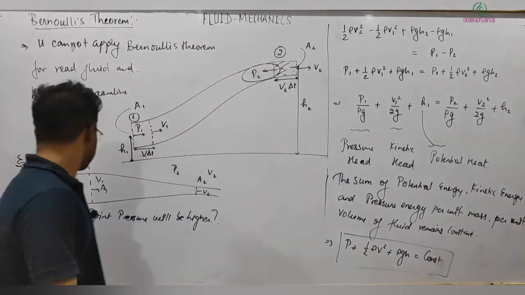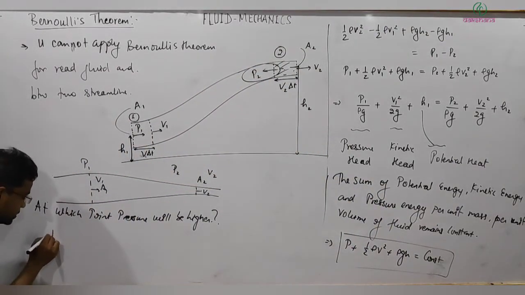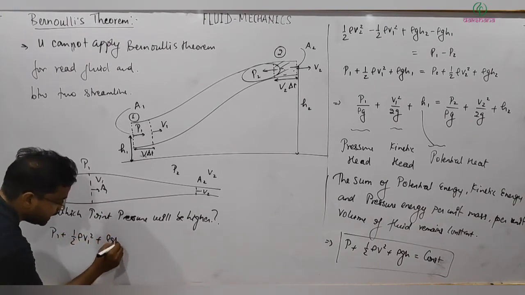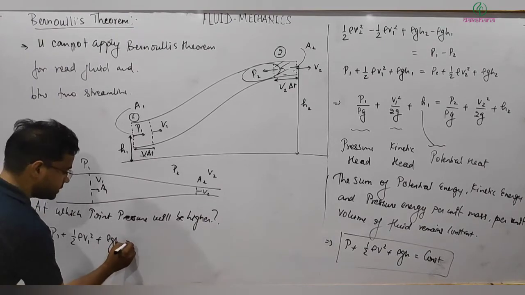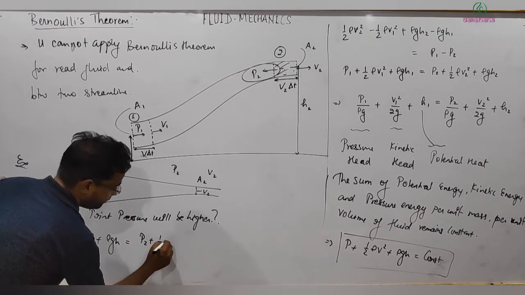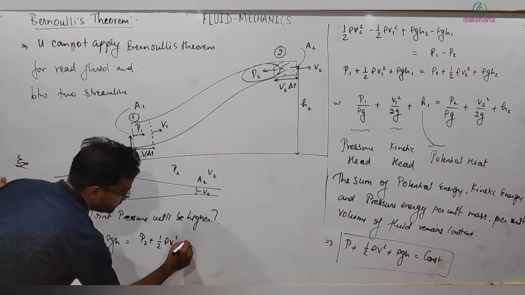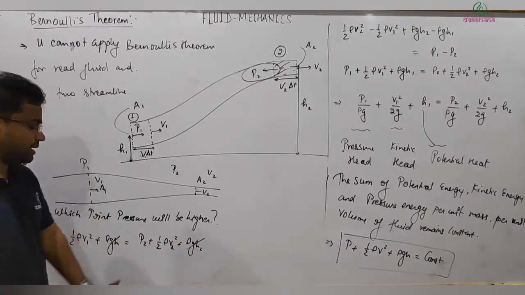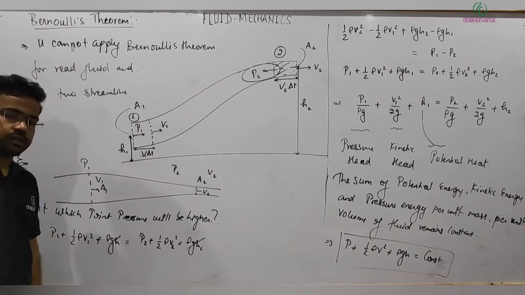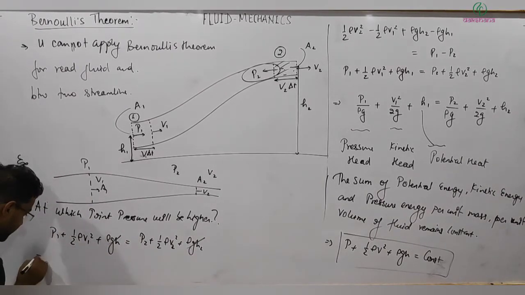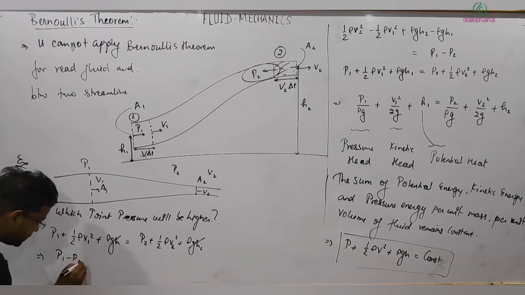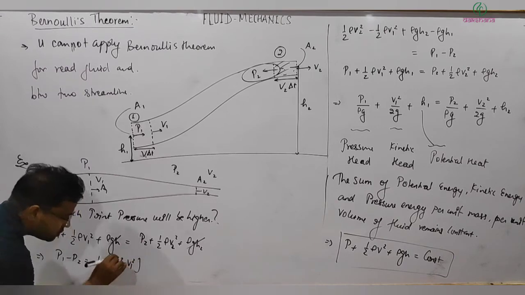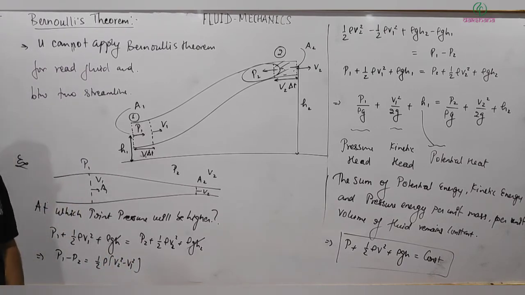Let's see. I will apply it at these points. It's P1 plus half rho V1 square plus rho G H, equal to P2 plus half rho V2 square plus rho G H2. Actually both H are the same, so I am simply cancelling them out. I am left with these terms. Let me rearrange this side. So it's basically P1 minus P2 is equal to half rho times V2 square minus V1 square. Which one is higher?